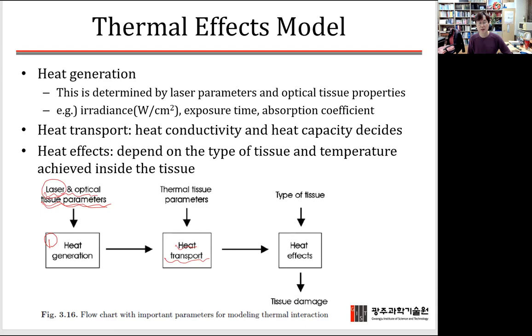For this step, the thermal tissue parameters play the important role, namely heat conductivity and heat capacity. Depending on how much the temperature rises in the tissue, the effect also depends on the type of tissue.